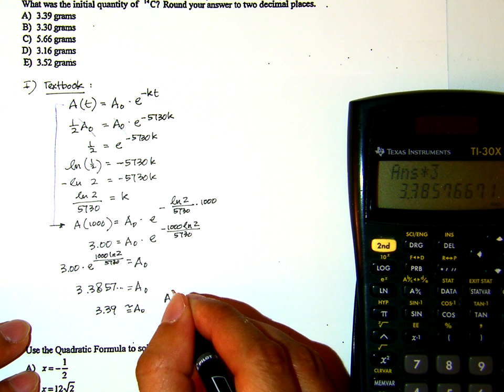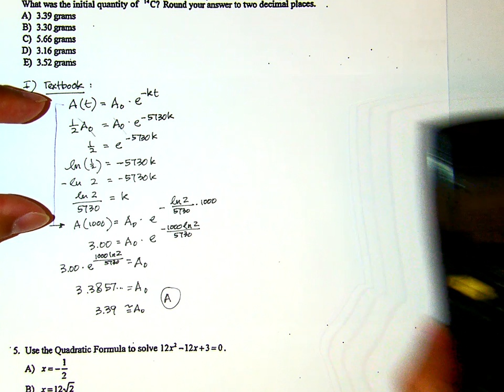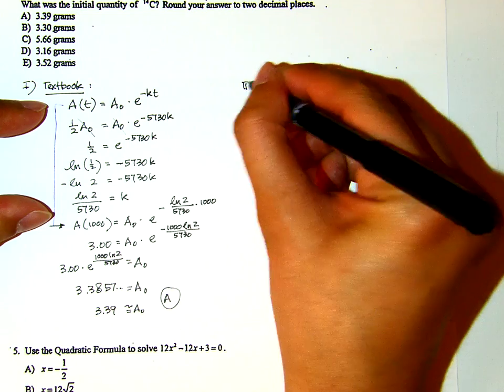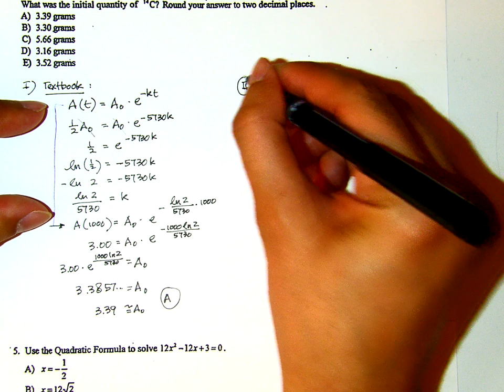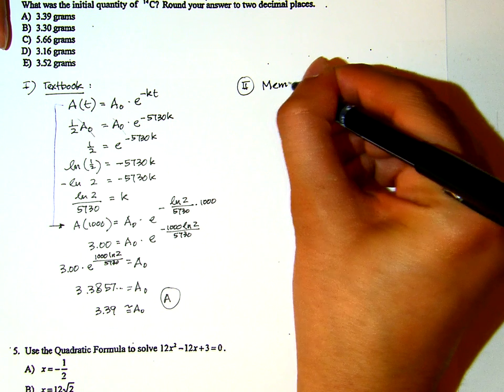And we will see the answer is A. Now notice that it takes me a bit longer to do this first one, because I need to do all this, which will be easier if you can memorize the formula. So this next method is the formula method, memorizing.